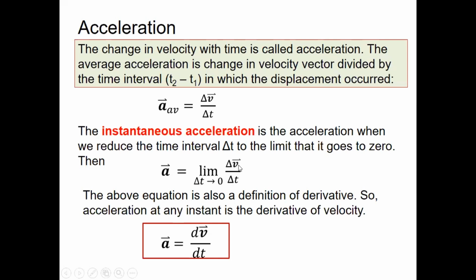It is the first derivative with respect to time of velocity. In physics, whenever we write acceleration, we mean instantaneous acceleration. So acceleration at any instant is the first derivative of velocity. We have already covered that the velocity is the first derivative of the displacement vector r. Then we can say that acceleration is also the second derivative of the displacement.